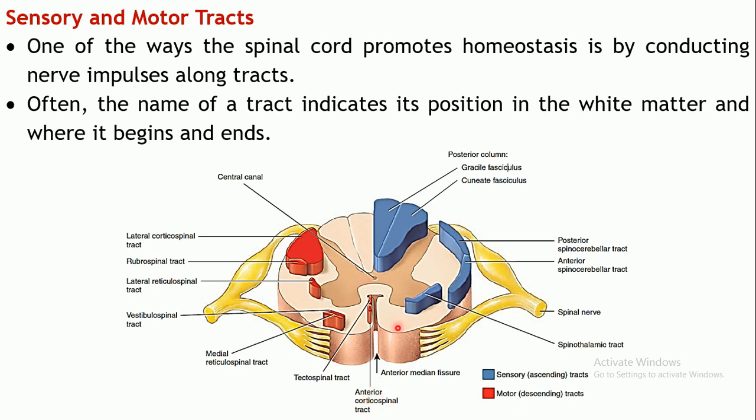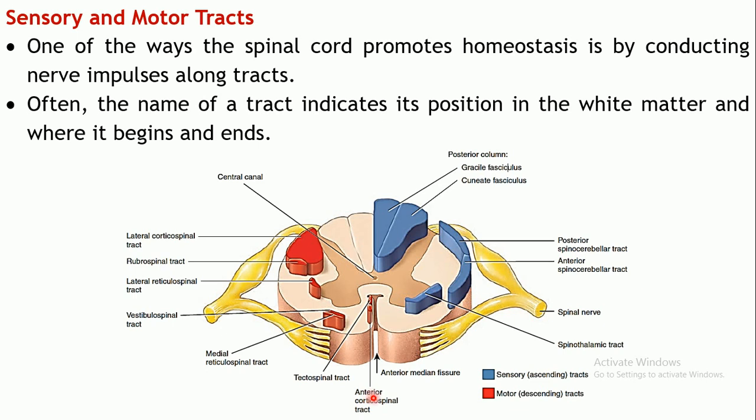That's because it is located in the anterior white column, right? Remember the internal anatomy of the spinal cord? White matter is divided into three areas, right? Anterior columns, posterior columns, and the lateral columns, right? So depending upon which area it is located in, it is named. So since it is located in the anterior white columns, it is named as anterior.